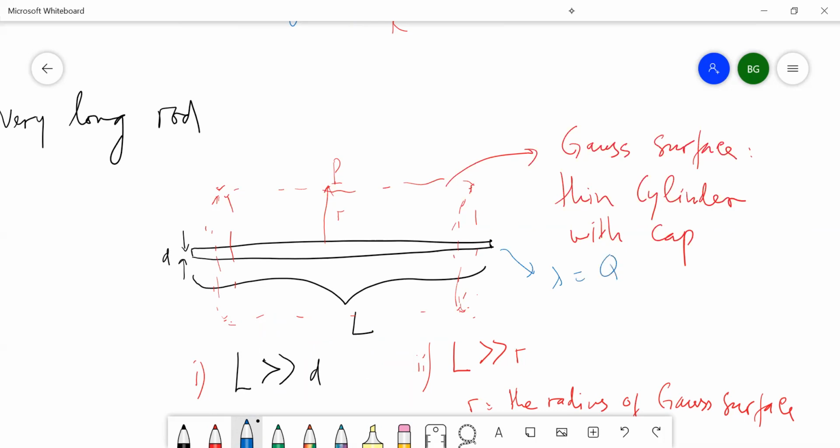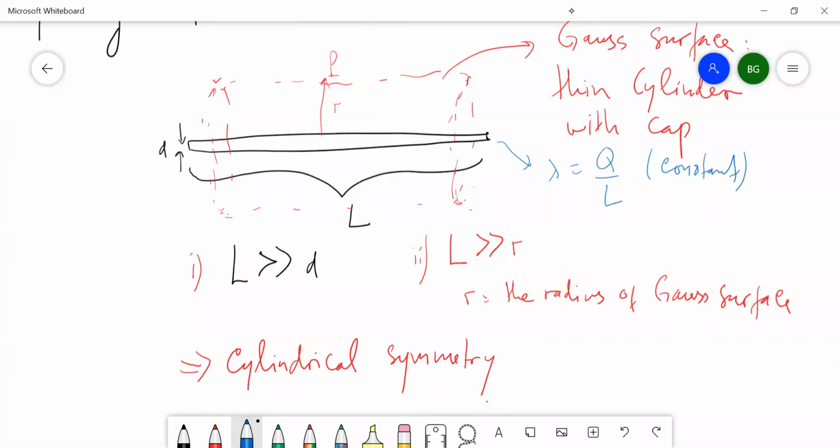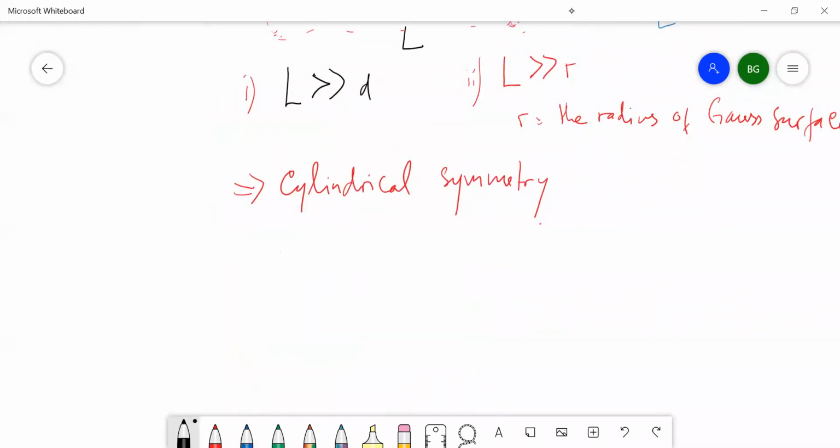This is Q over L. It's constant, and it means that it is distributed uniformly. So this integral, E dot dA.